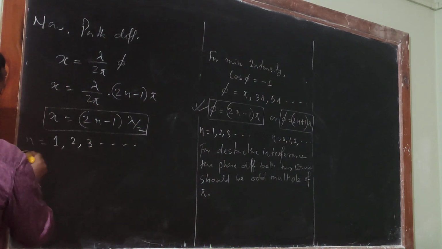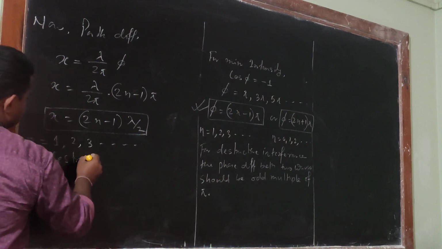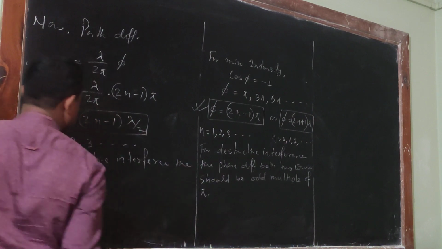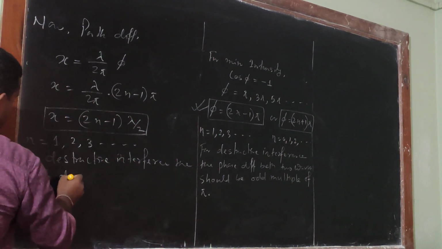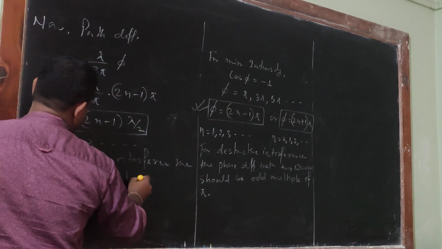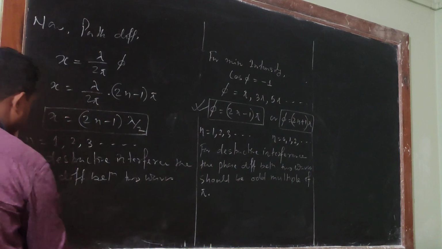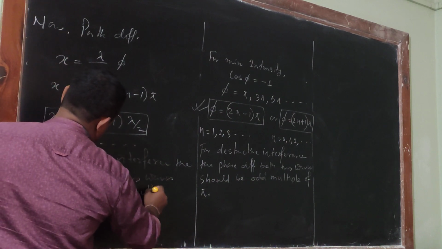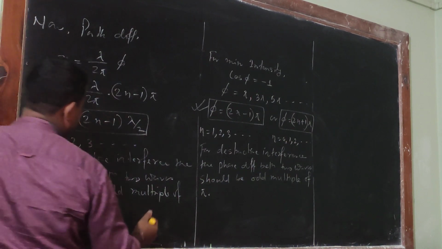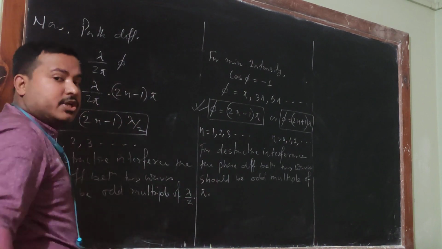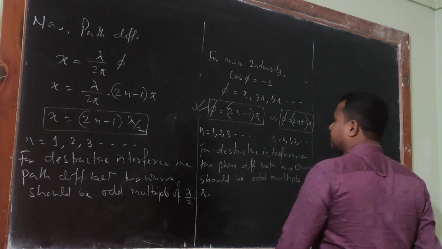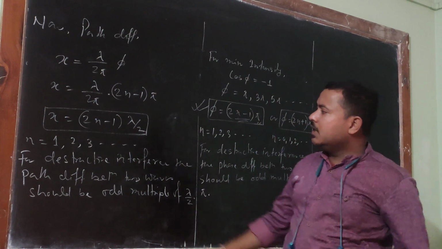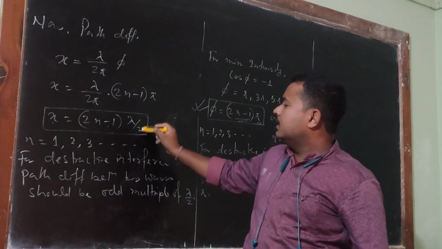So you can say that for destructive interference, the path difference between two waves should be an odd multiple of lambda by 2. So remember these two conditions: for destructive interference, your phase difference is an odd multiple of pi, and path difference is an odd multiple of lambda by 2.